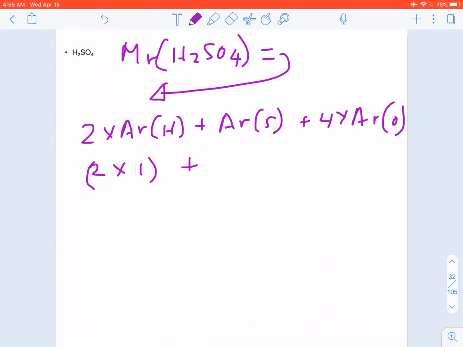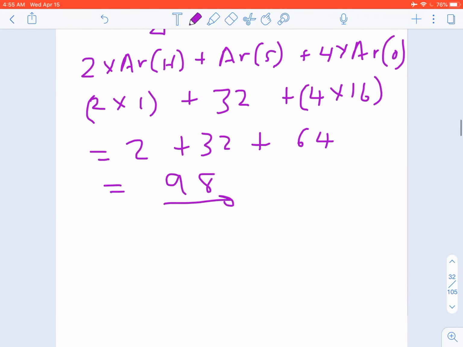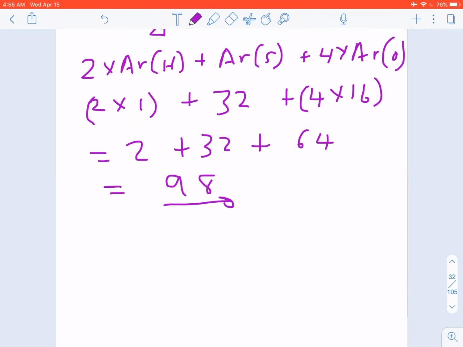So 2 plus 32 plus 4 times 16, which is 2 plus 32 plus 64, which is 98.